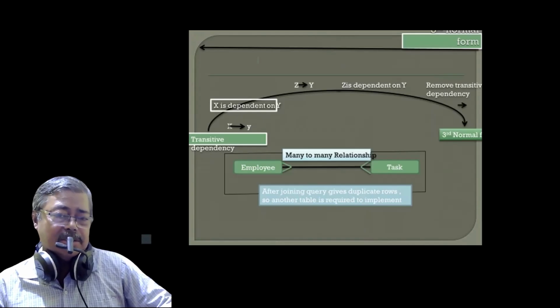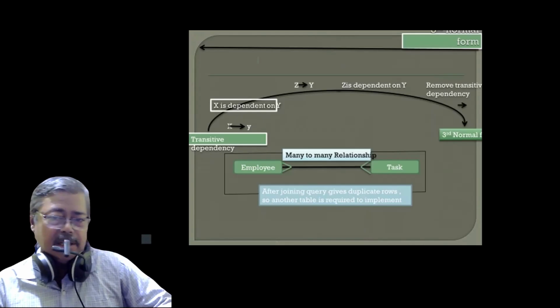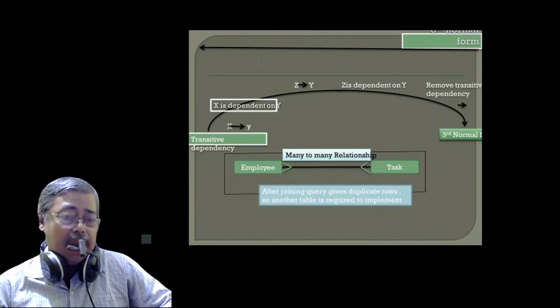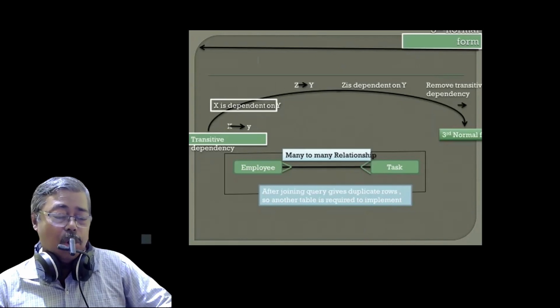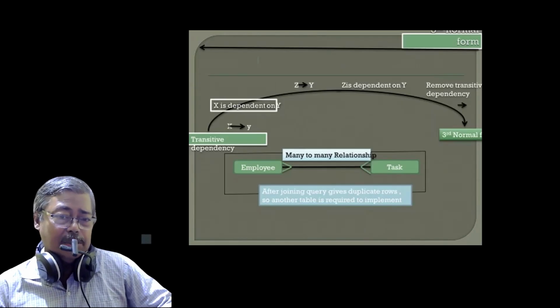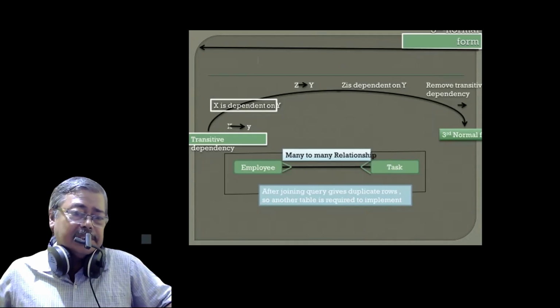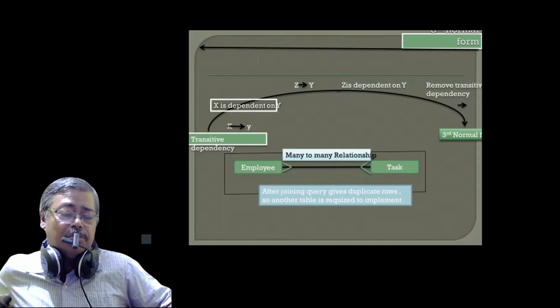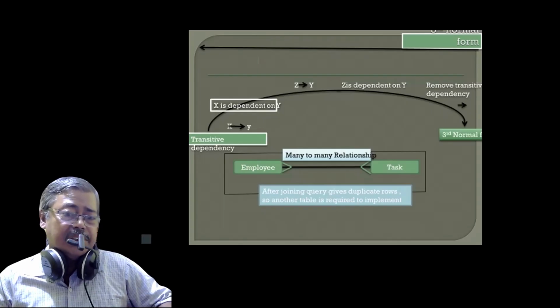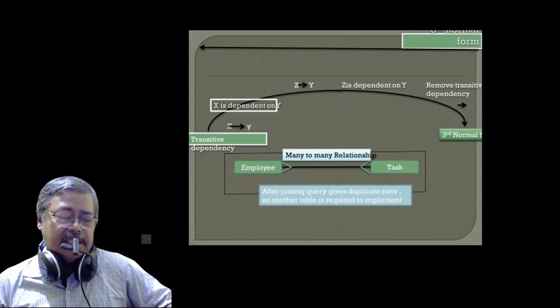Transitive dependency, what is this? When X depends on Y, and another entity Z is dependent on Y. If this dependency gives a faulty query result, the transitive dependency has to be removed. See, employee is an entity, task is an entity, and the employee and task relation is many to many.